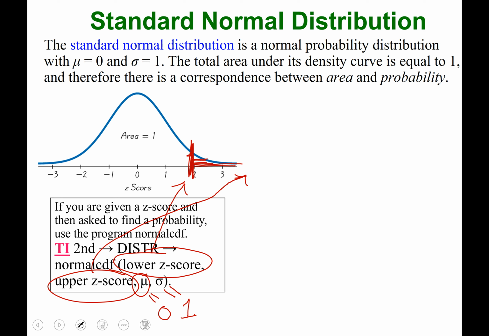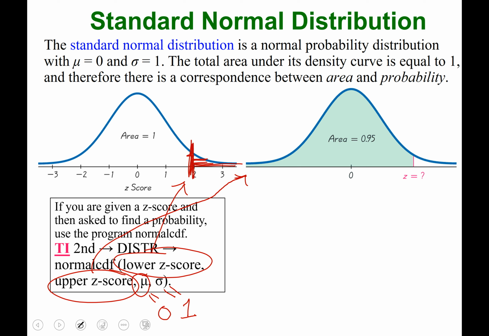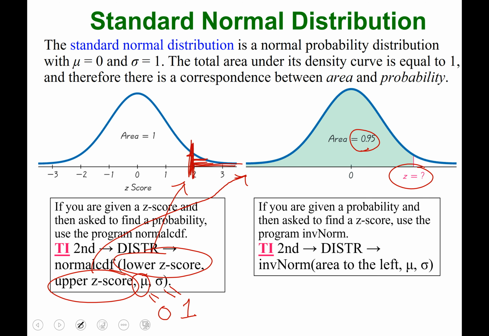Okay, let's take the opposite situation, or in math we call it the inverse operation. Here, we're given the area and we're asked to find the z-score. In that case, we're going to run the program called inverse norm. Inverse norm requires 3 inputs. The area to the left, in this example, would be the 0.95.